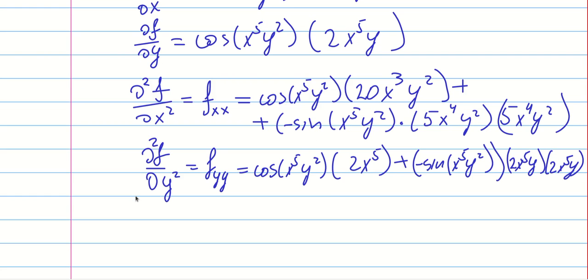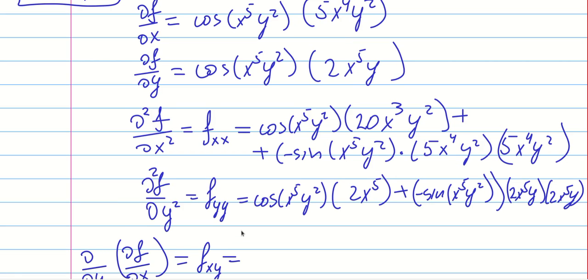Alright, but also we can go back to the partial with respect to x, but instead of calculating it a second time with respect to x, we can calculate it with respect to y. So this will be f sub xy. So we're going back to the top over here. We use the product rule, but we're using y as the variable now, and we fix x.